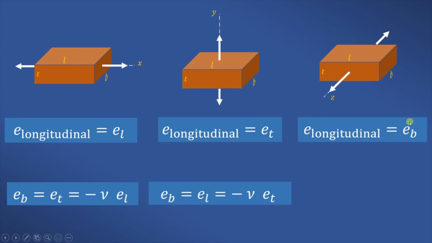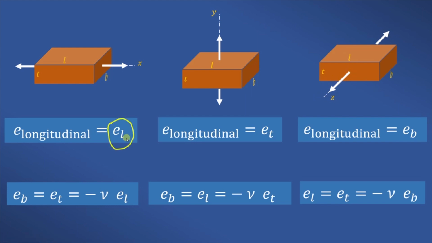This strain is P upon AE, and lateral strain is nu times P upon AE, but opposite to strain in width. Now in this case, what is P? It is magnitude of this force. And what is A? It is length into thickness, the cross-sectional area with reference to this axis.